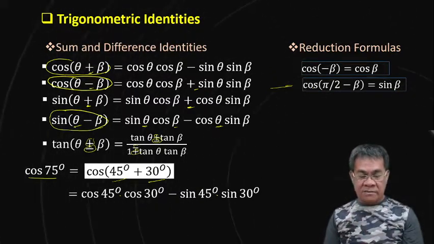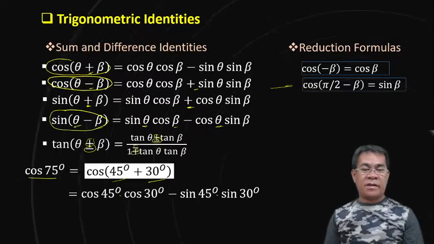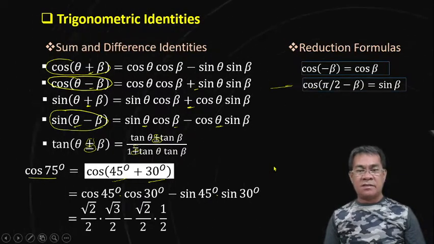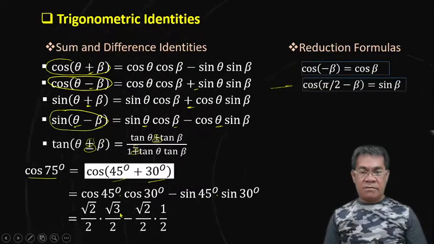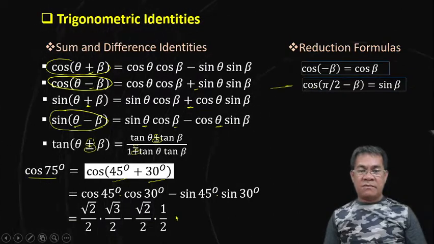The exact value of the sine of 45 degrees is square root of 2 over 2, while the exact value of the sine of 30 degrees is 1/2 or 0.5. Replacing everything provides the exact value of the cosine of 75 degrees. Then all you need to do is simplify using algebra. That's it.